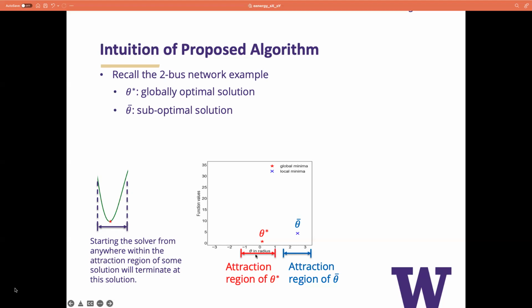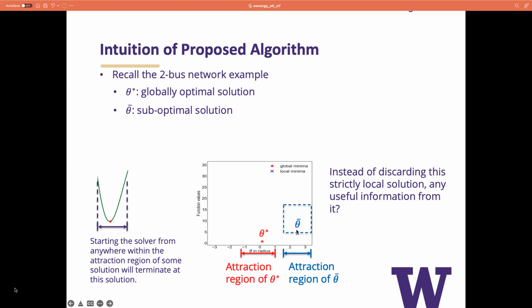The red interval is the attraction region of the global solution, and the blue interval is the attraction region of the local solution. If the solver reaches somewhere within this attraction region, it will be attracted to this local solution.